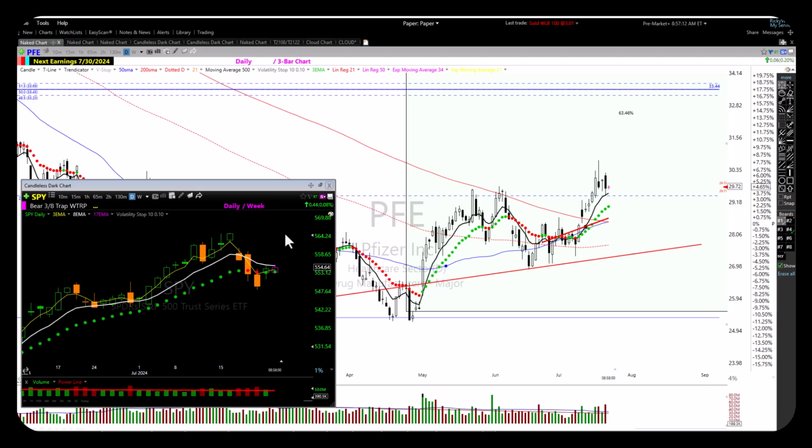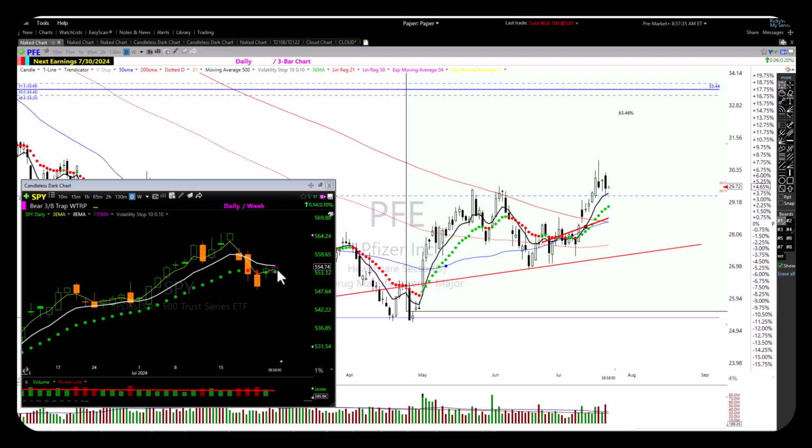It just might not be today, might not be tomorrow. We may sit here and just drag around and just wear everybody down before it moves up. And it just might, the SPY just might move down, retest these lows, and even give a hint it goes lower before it goes higher. But overall, I do think we end up going higher.